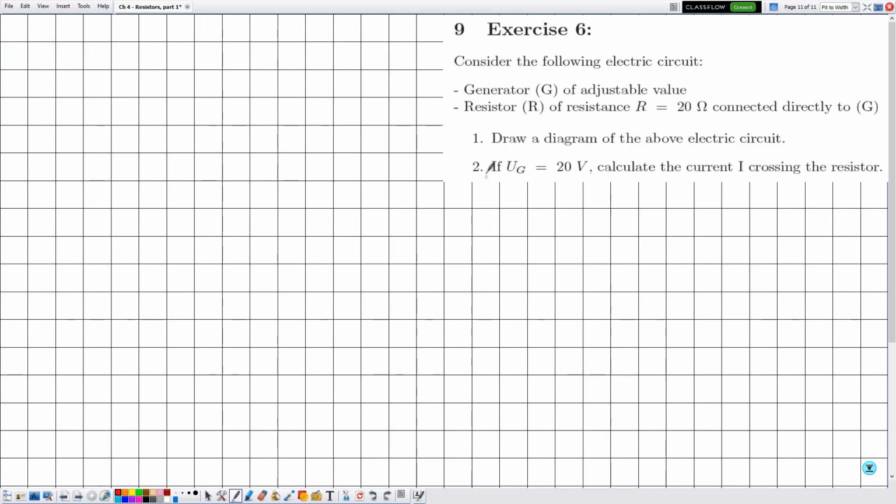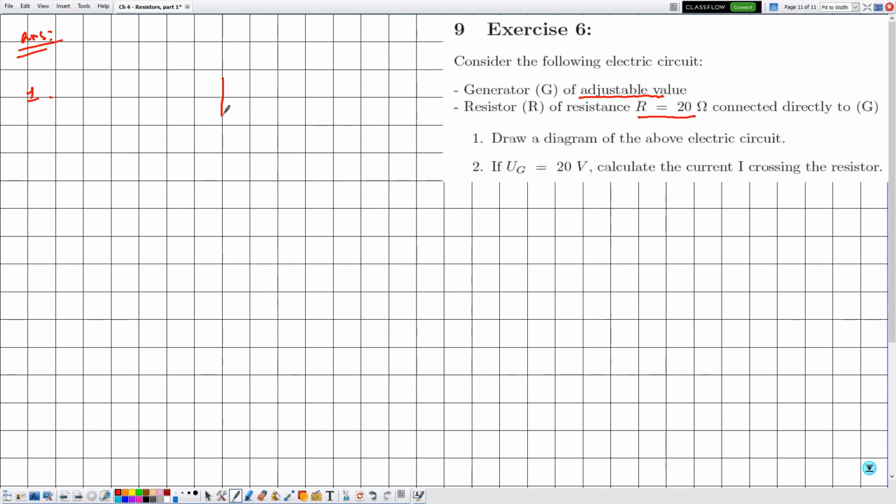Now in exercise number 6 they are telling me to consider the following electric circuit. A generator G of adjustable value, this is important. A resistor R of resistance R equal to 20 ohm connected directly to G. Number 1, draw a diagram of the above circuit.